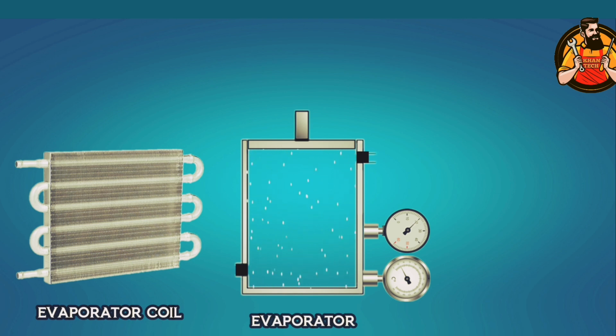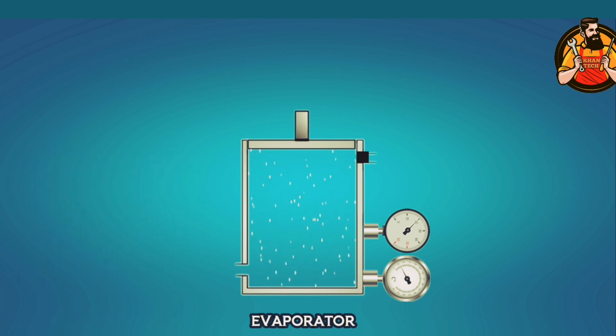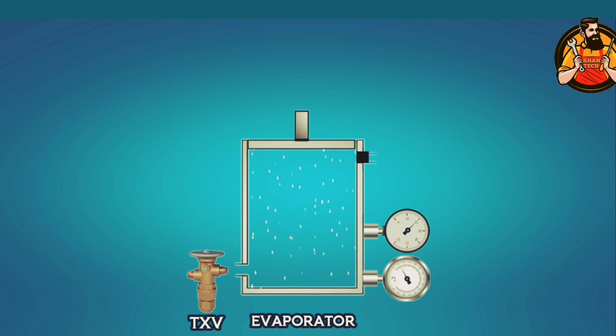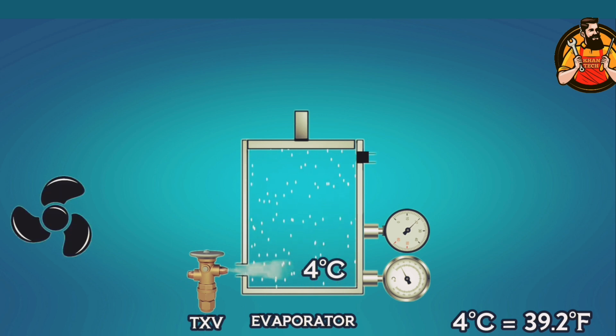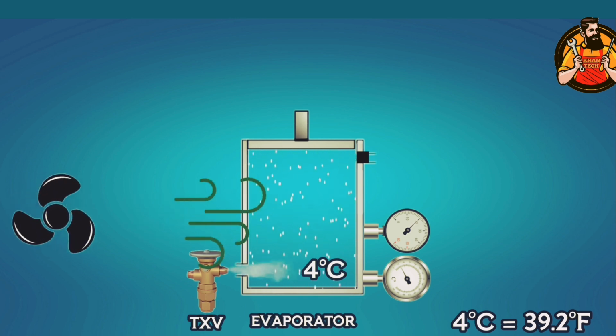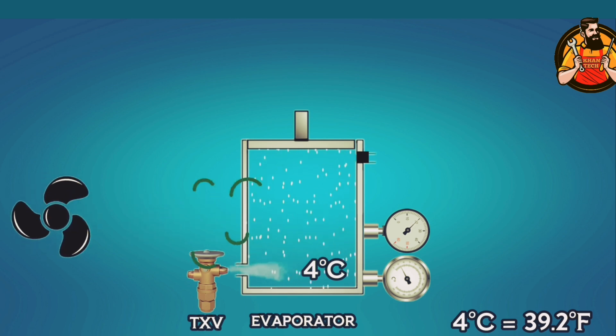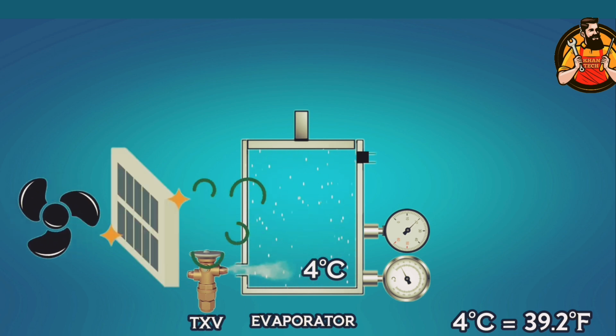Now, this box can be taken as the evaporator. Refrigerant inside it comes from the expansion valve at a certain pressure. When entering the evaporator, the refrigerant temperature is up to 4 degrees Celsius. Behind the evaporator coil, there is a blower motor. It keeps blowing air over the evaporator. There is a filter to filter this air.